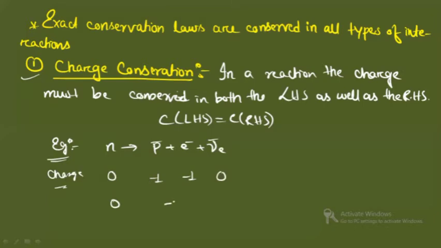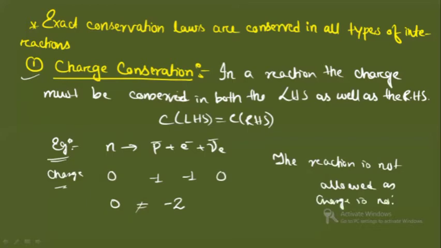In the right hand side it is -2. That means it is not equal. So this particular reaction is not allowed. Why? The reaction is not allowed as the charge is not conserved.